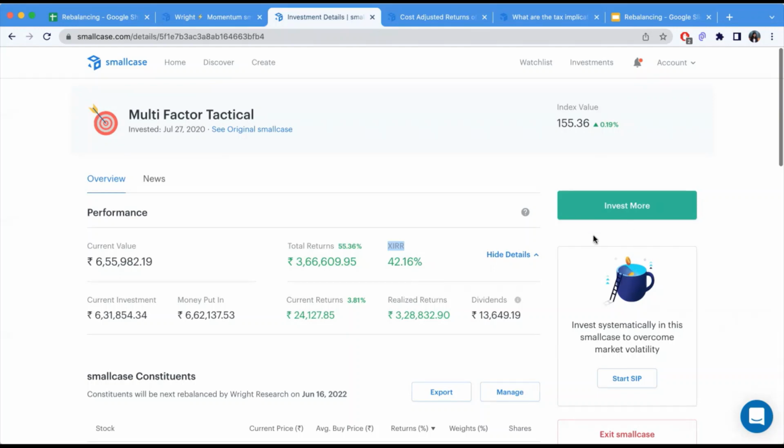Whereas this return will just show you return on the particular capital that you have put in, you get a better idea if you look at the XIRR. And this feature has been added by Smallcase that you can track when you go to any investment you have made, click on it, you will see the returns as well as the XIRR here, which gives you a much more transparent picture of return on your invested capital and whatever you have removed and your investment horizon.